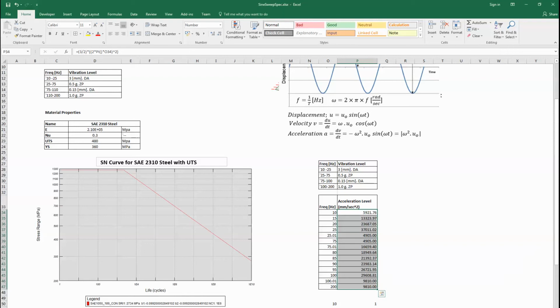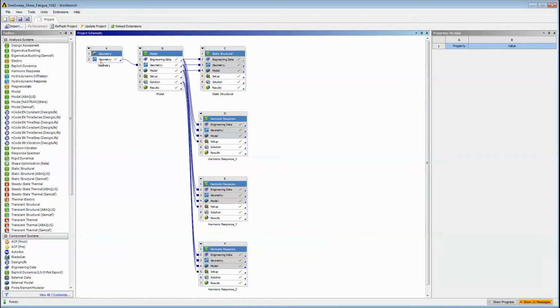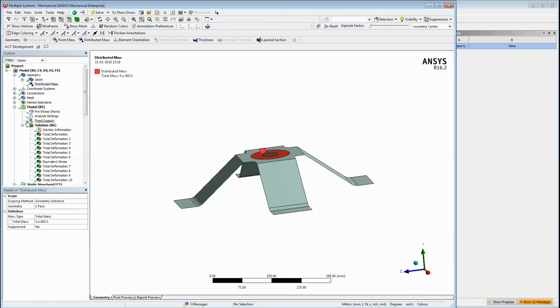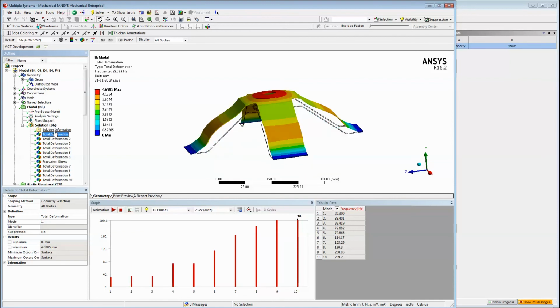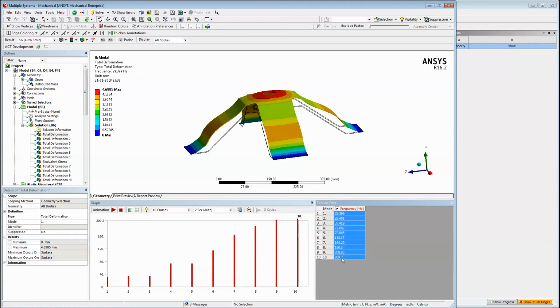In order to do that, first I have the geometry here, and it's always a good practice to do a modal analysis and understand what's the frequency range and so on. So when I do the modal analysis, my lowest frequency is 25 and highest goes up to 209 and so on.